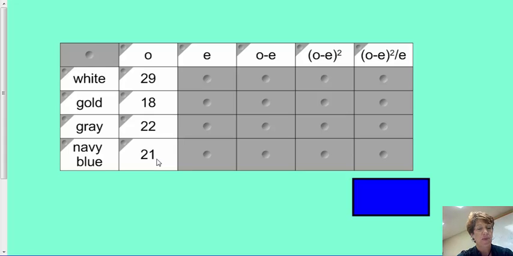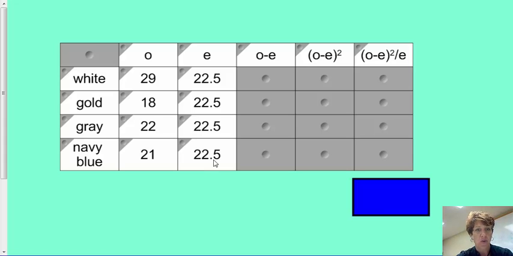And if I expect, due to my null hypothesis, the chances of each of them to be equal, I would take 90 and divide it by 4. When I do that, I know I would have expected 22.5 kids to have on a white shirt, a gold shirt, a gray shirt, and a navy blue shirt. Then I go through and I subtract. For this one, I got 6.5. When I square that, I get 42.25.